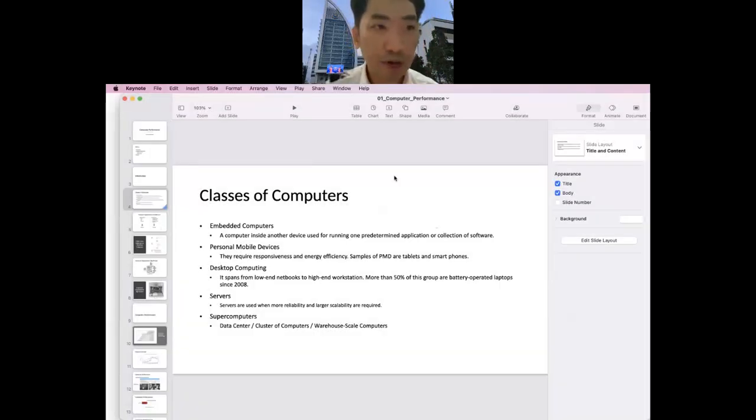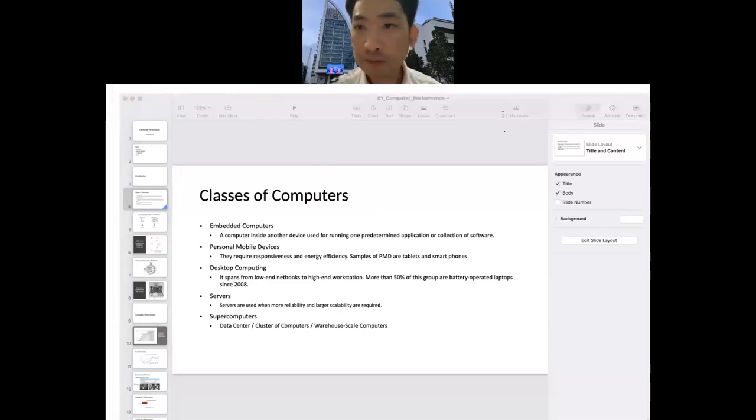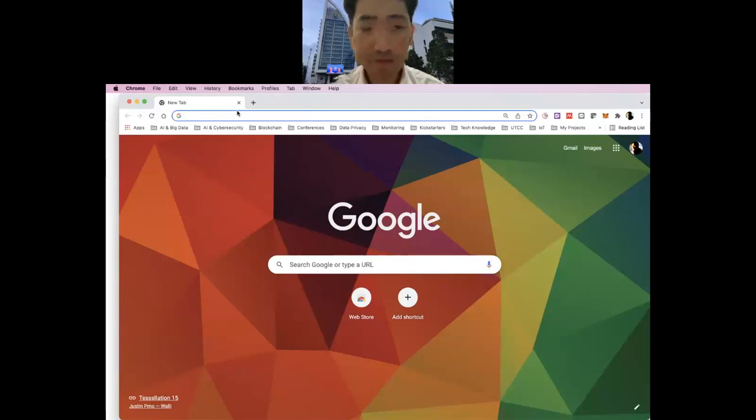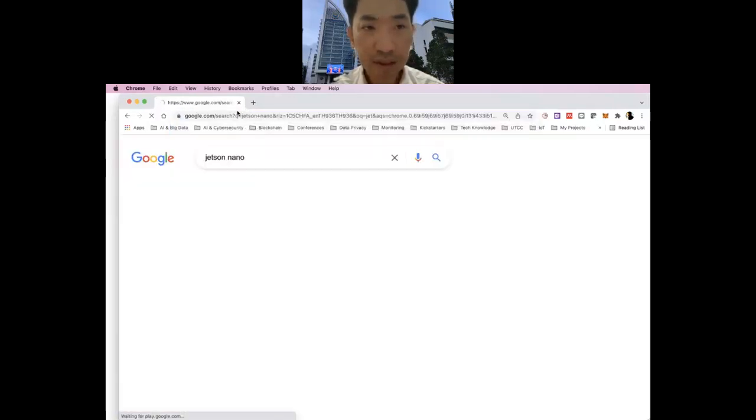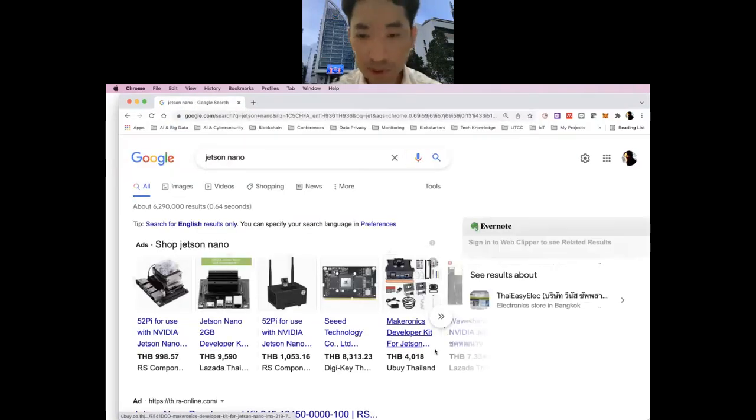Let me go to the browser. I will show you what else you can use. Lots of systems nowadays. Some of you might have used Jetson before.